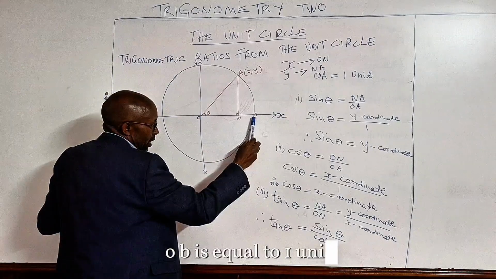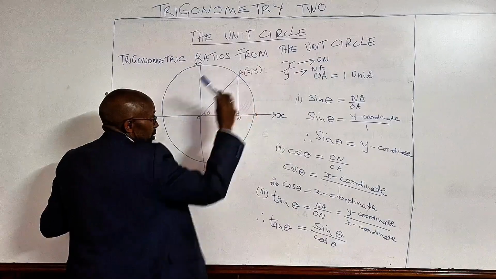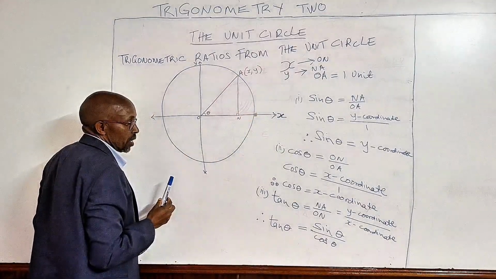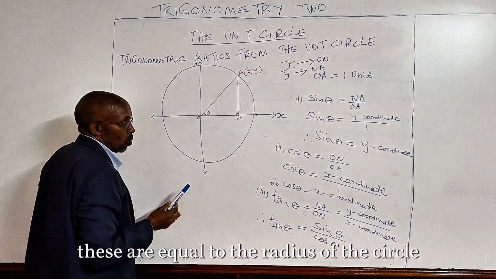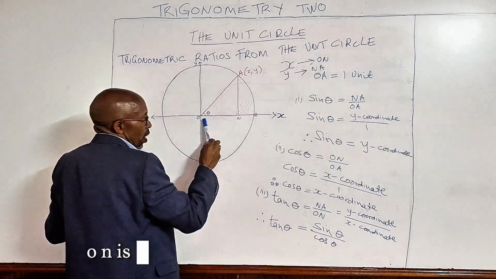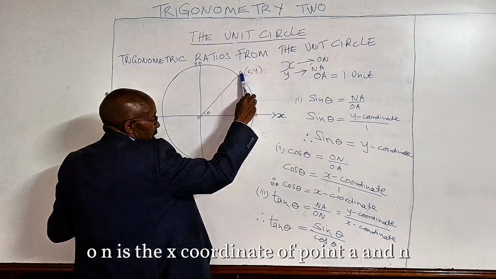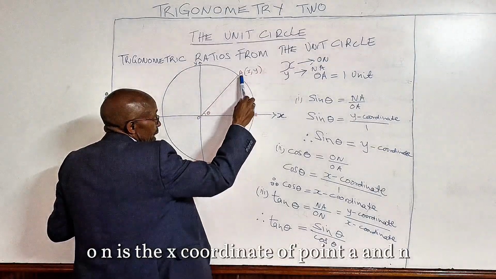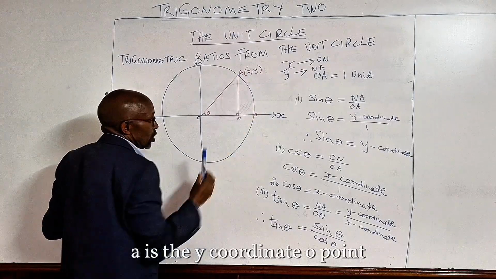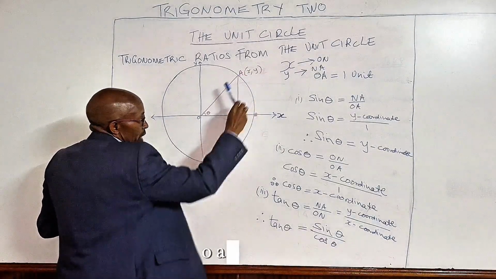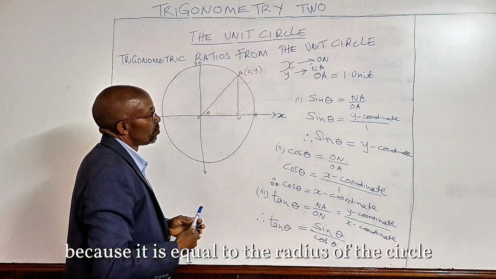OB is equal to one unit, which is equal to OA, 1 unit, because these are equal to the radius of the circle. ON is the x-coordinate of point A, and NA is the y-coordinate of point A. OA is 1 unit because it is equal to the radius of the circle.